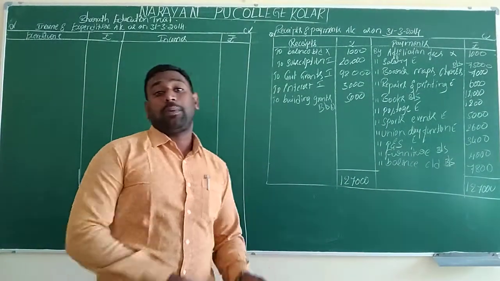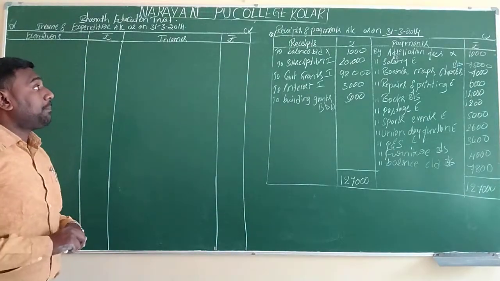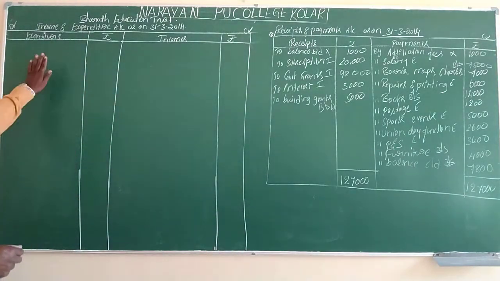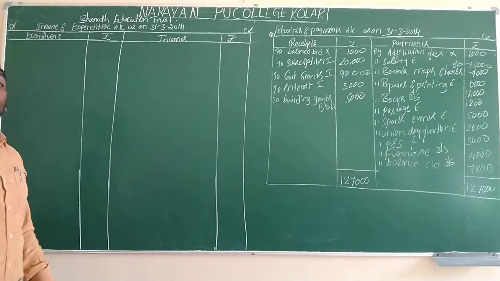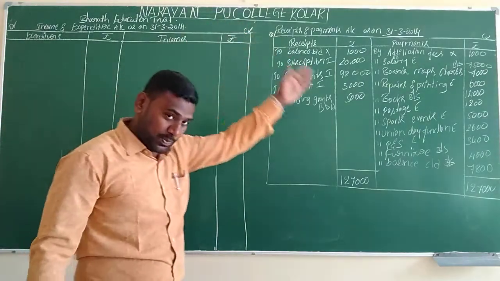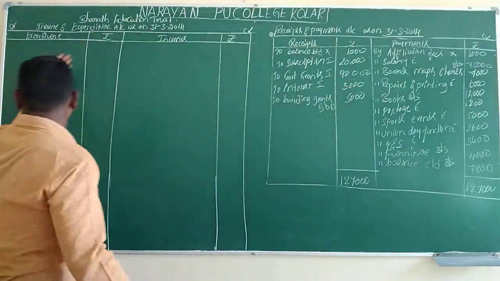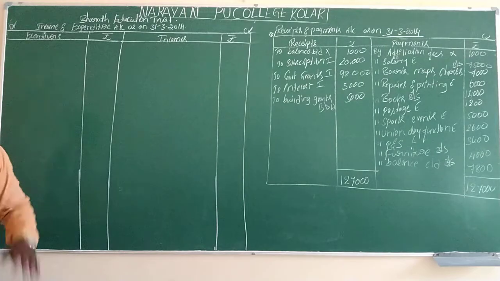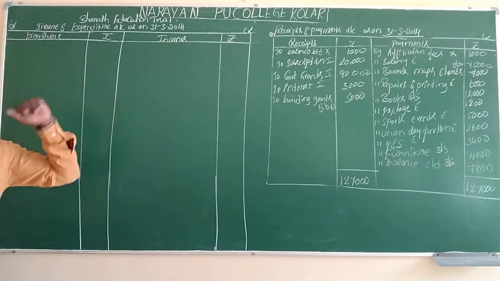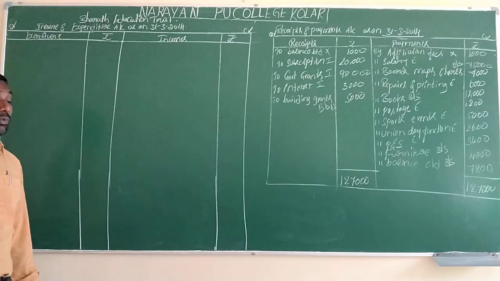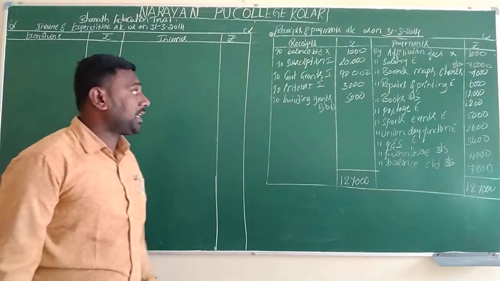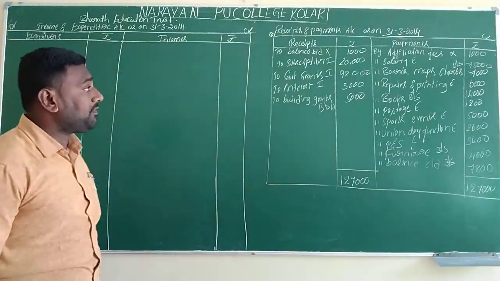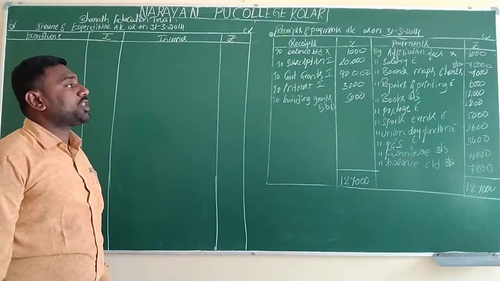So the receipts and payments account is the base for preparation of the income and expenditure account. The transactions we have in the receipts and payments account, the same transactions will affect the income and expenditure account. The expenses consider the payments transactions and the incomes consider the receipts transactions. Let's see which of the transactions will come here. On the payment side, the first transaction is affiliation fees.